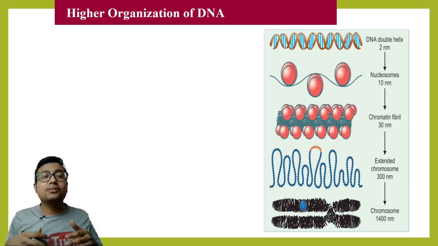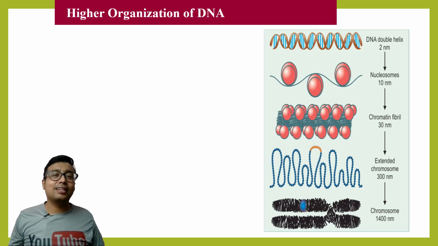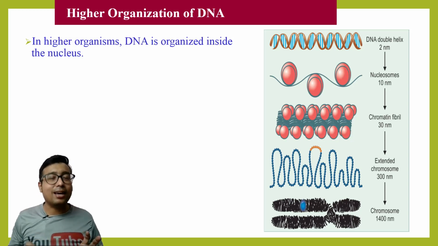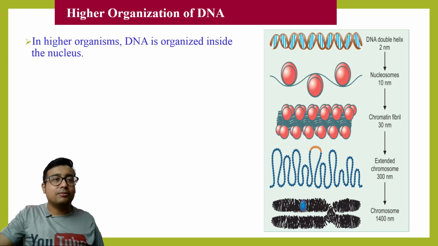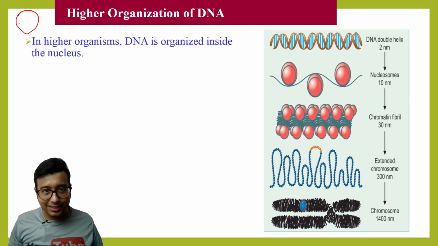Now you need to know a lot more than the nucleosome. So, higher organization of DNA. It happens in higher organisms. See, in a lower organism, for example a bacterium, simple circular DNA was present. There was no condensation, no chromosome, nothing.